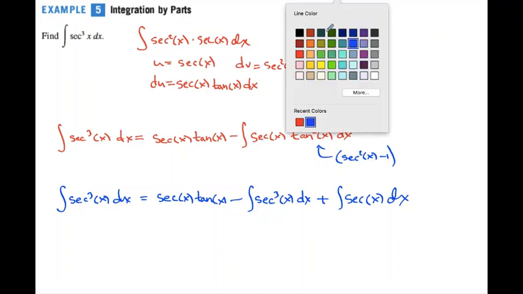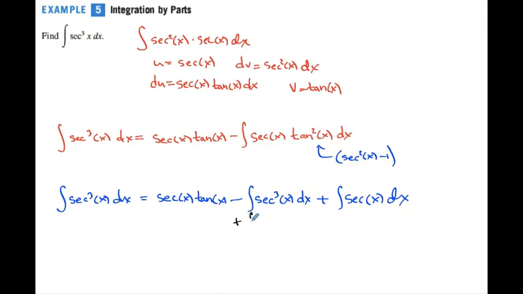Now, the thing we want to point out is that if I add this to both sides of the equation, then I have eliminated this extra secant cubed term.